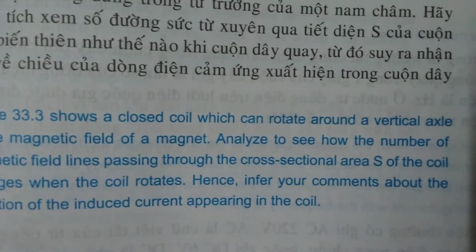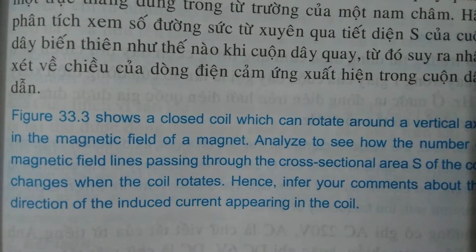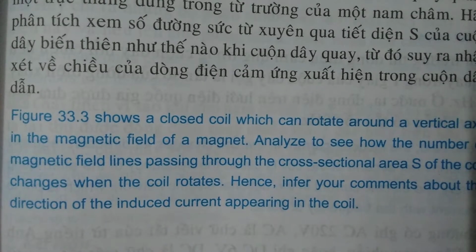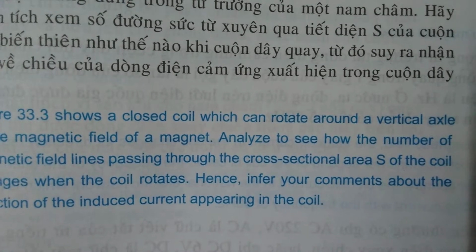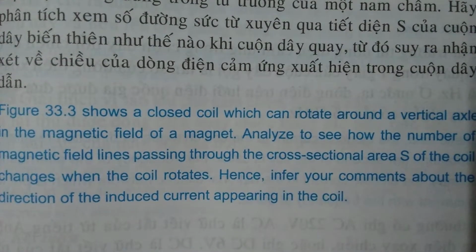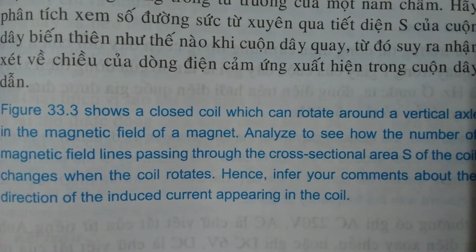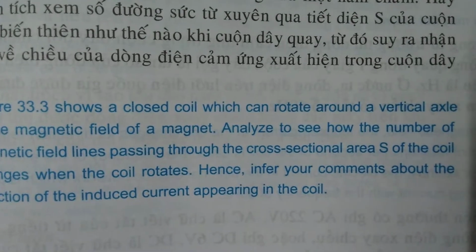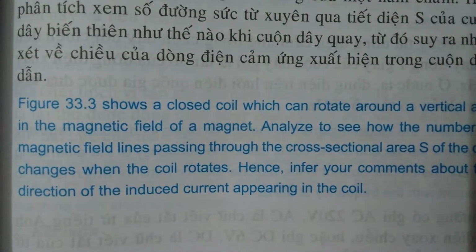Analyze to see how the number of magnetic field lines passing through the cross-sectional area S of the coil changes when the coil rotates. Hence, infer your comments about the direction of the induced current appearing in the coil.